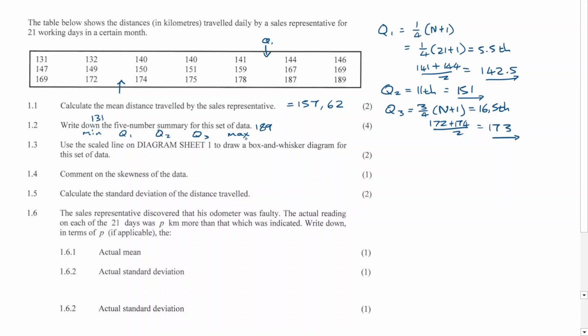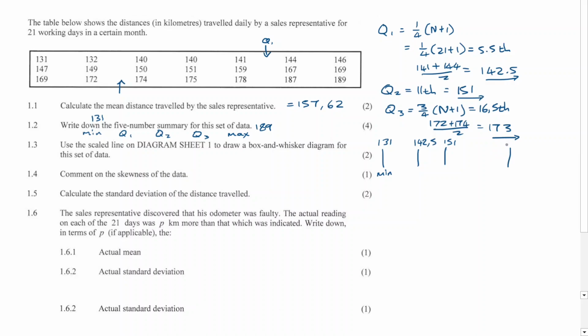A very common follow-on to this question would be to draw a box and whisker. And so you'd have your min value, which is 131. You'd have your lower quartile, which is 142.5. You'd have your median, which is 151. You'd have your upper quartile, which was 173.